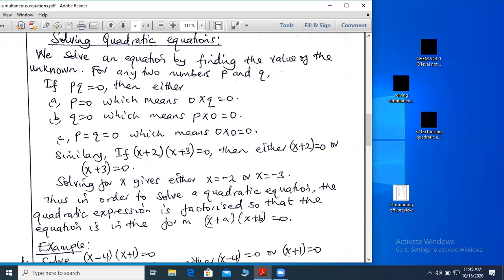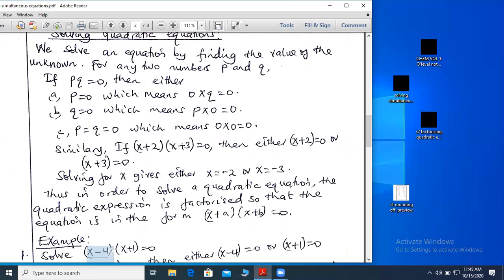So if x minus 4 into x plus 1 is equal to 0, it means either x minus 4 is equal to 0, or x plus 1 is equal to 0. One of these numbers is equal to 0.